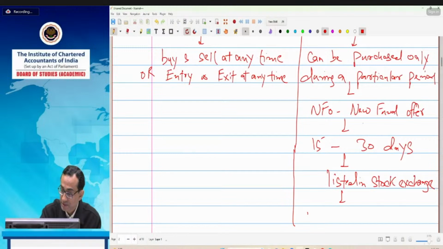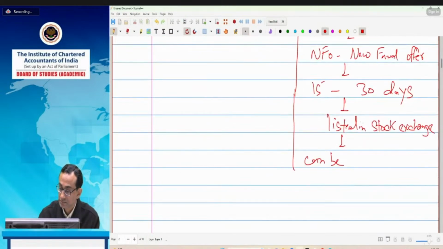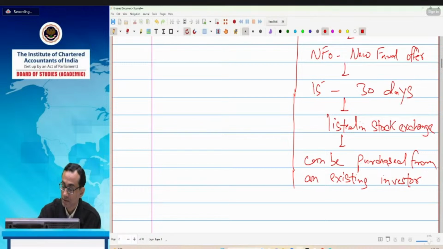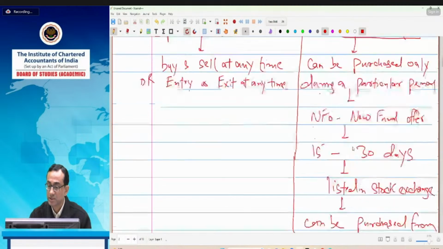So it can be purchased from an existing investor. So this is basically the concept of the closed-ended funds.